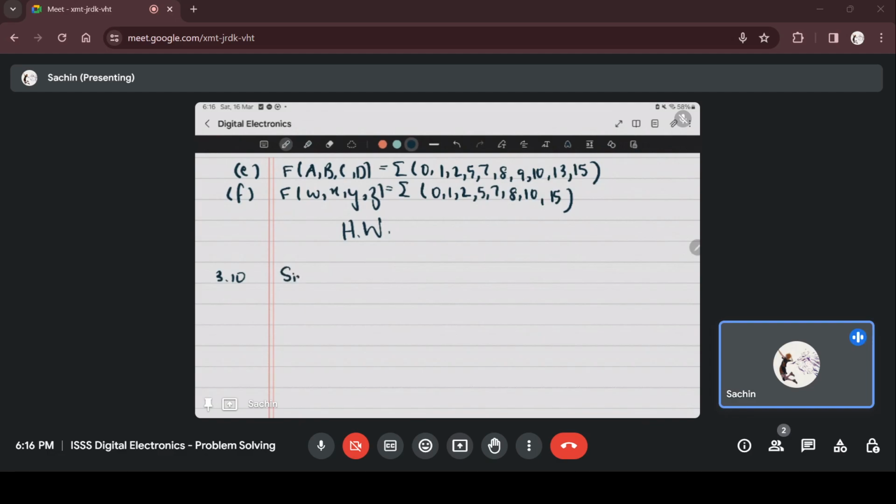Problem 3.10 is: simplify the following Boolean functions by first finding the essential prime implicants.